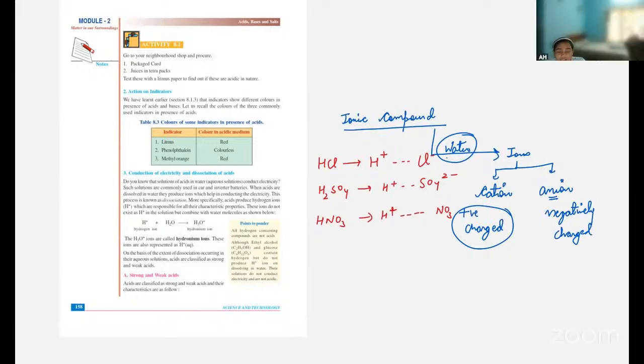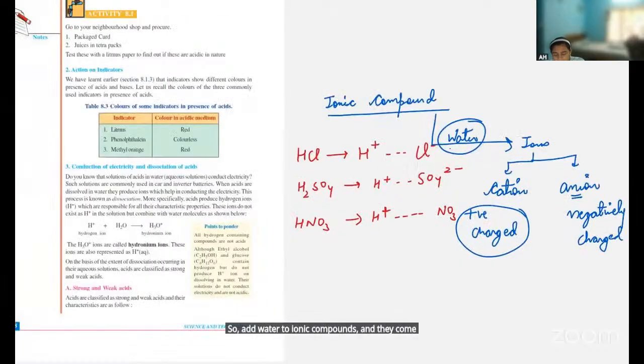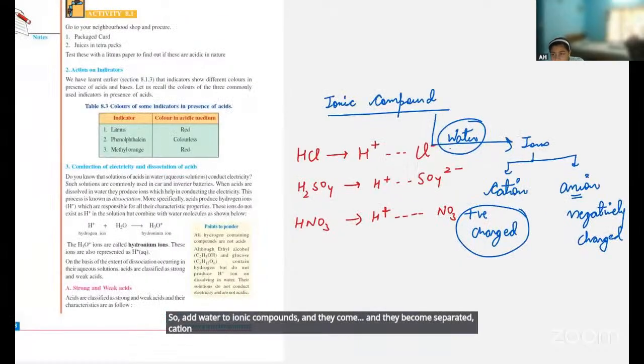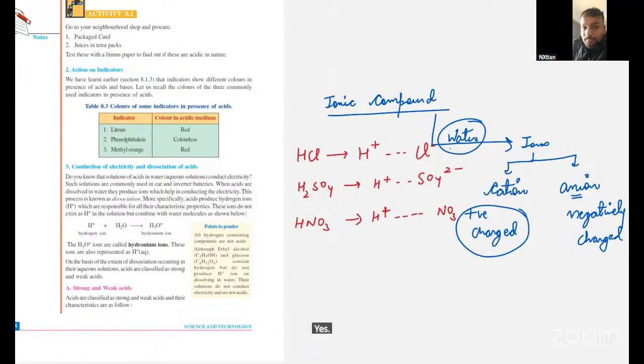Did you understand? Add water to ionic compounds and they become separated into cation and anion, and those cations and anions are responsible for the transfer of electricity.